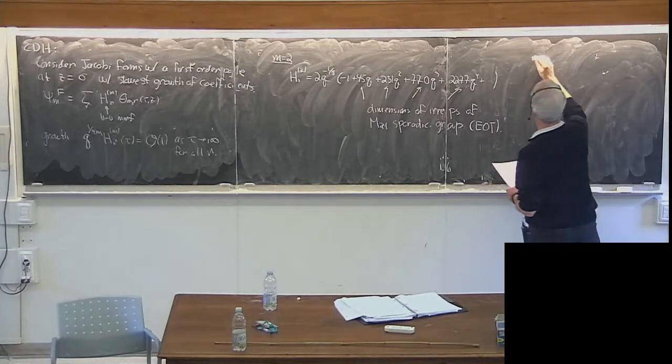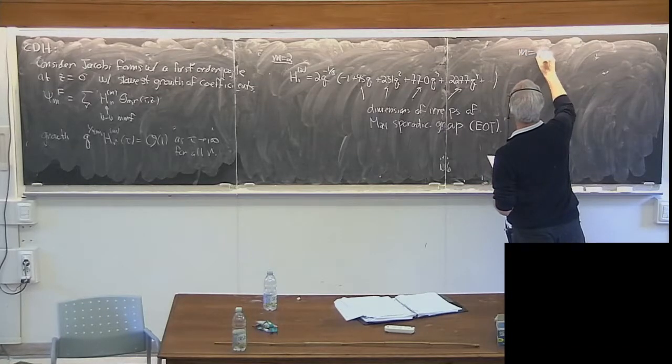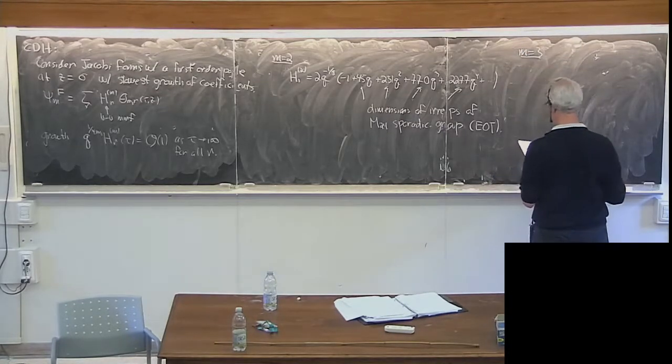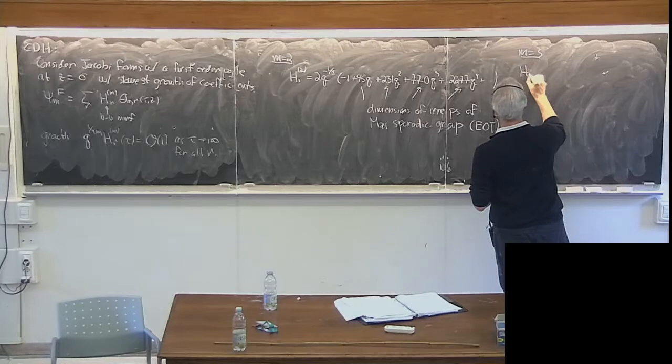And if you look at this same kind of analysis at m equals 3, for example, then you find a two-component mock modular form.